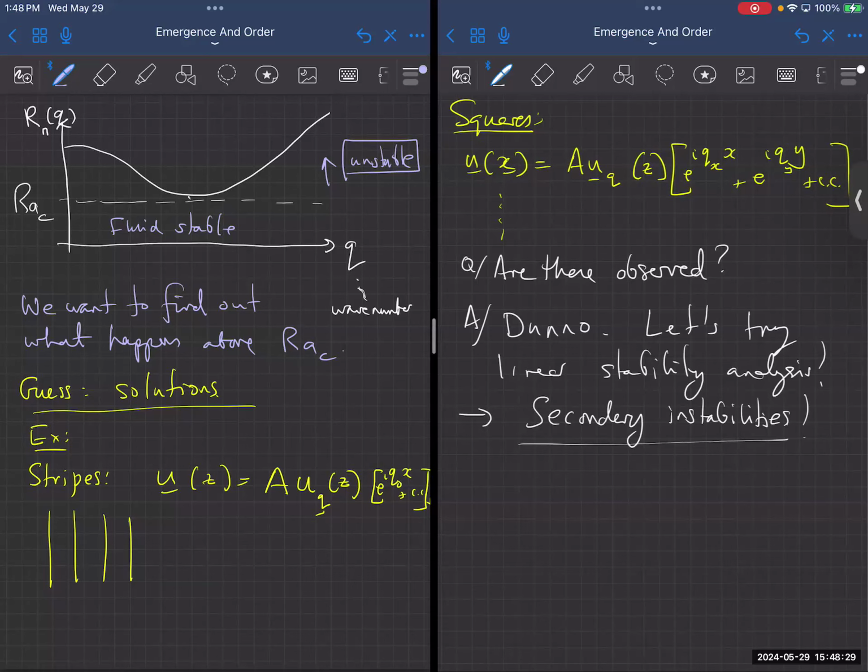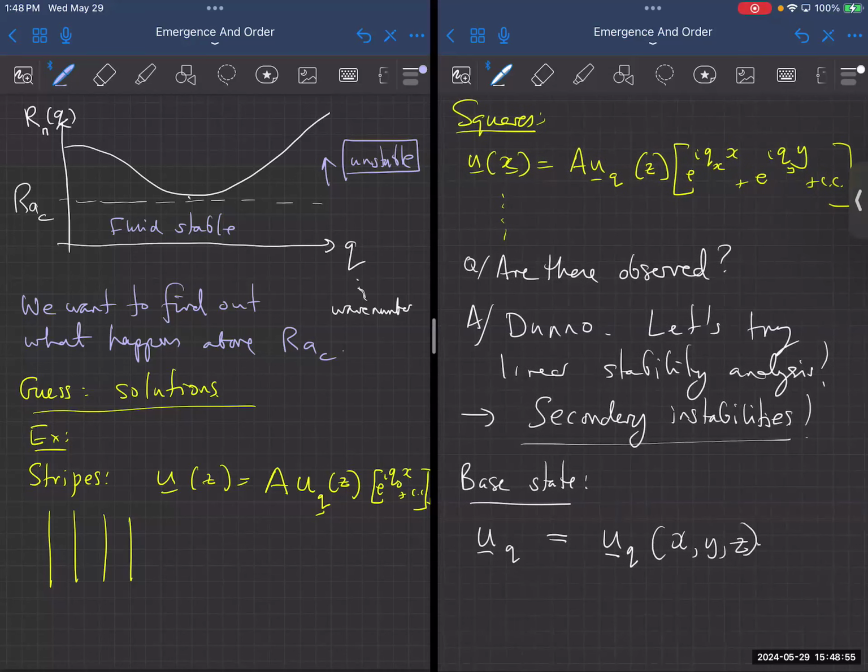So what you would do is do the following. You might say, let's make a base state, which I'll call u_q, with some wave vector q, which is some function of x, y, and z.